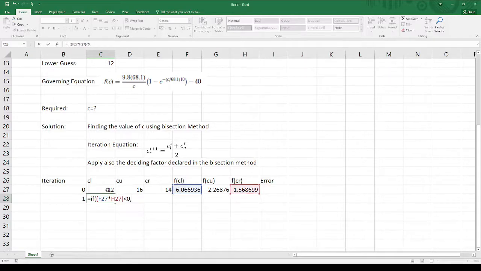So you will just put it here. If the situation is true, then it should be not 14, or else replace it with this one.